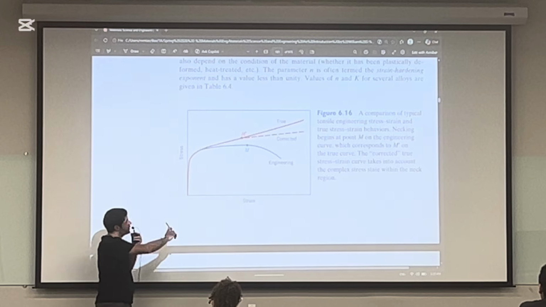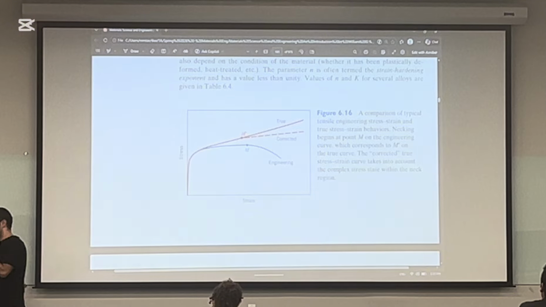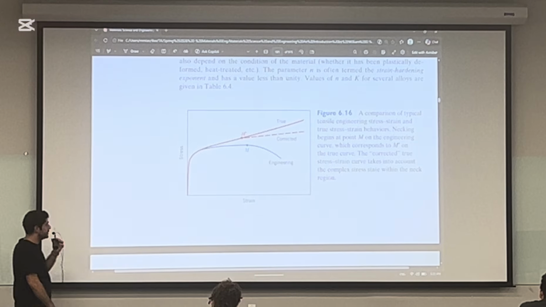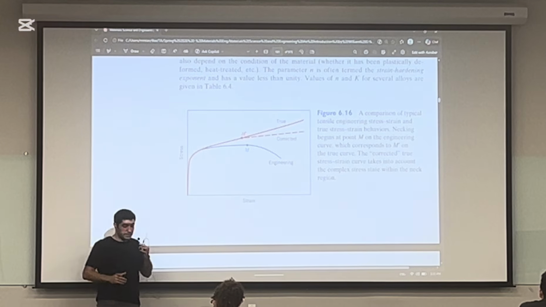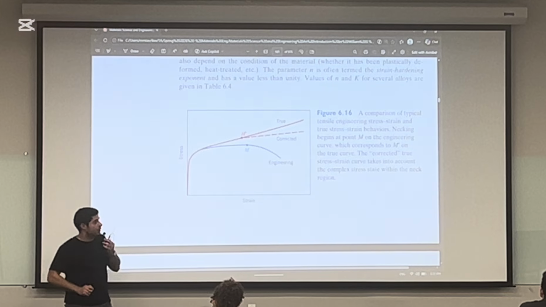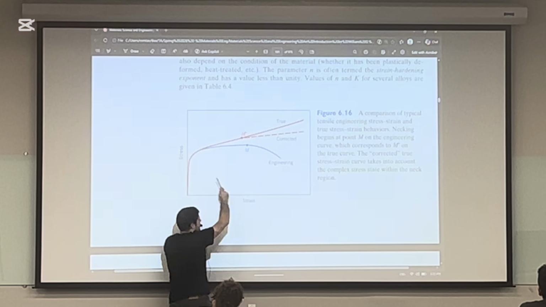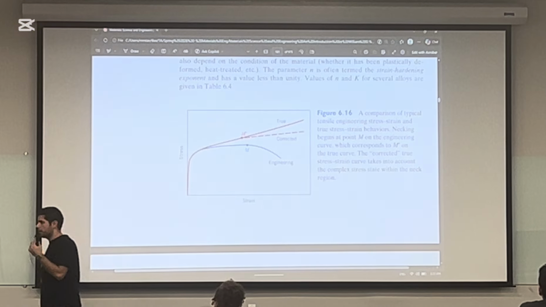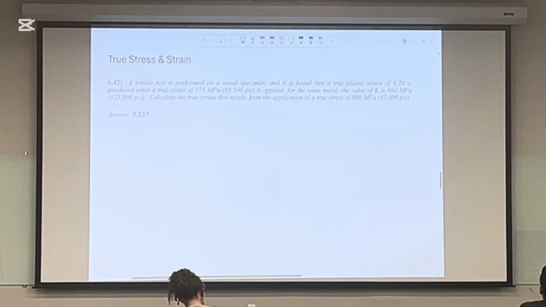You see, the true stress is always increasing, because the cross section is getting smaller and smaller. But since we assume a constant cross section in engineering stress, that's the curve we see most of the time. So think about this question.